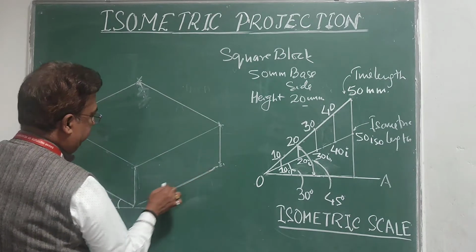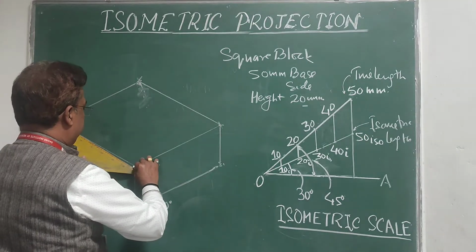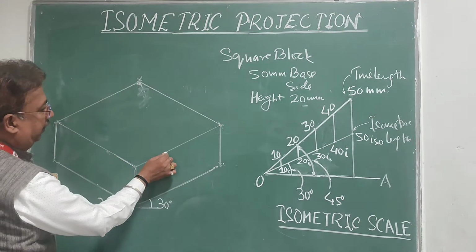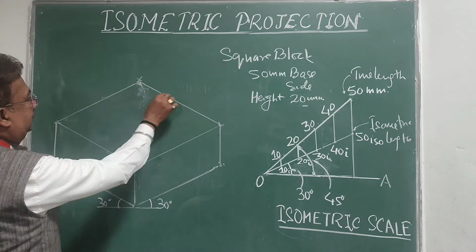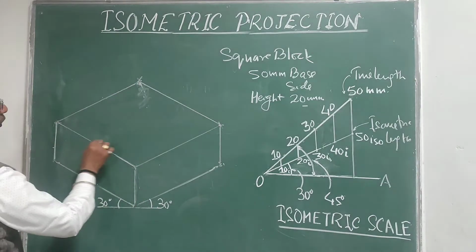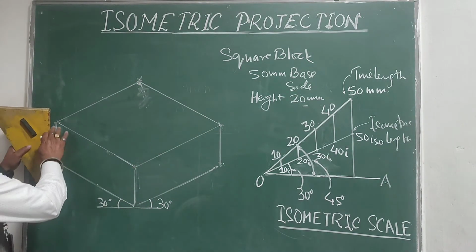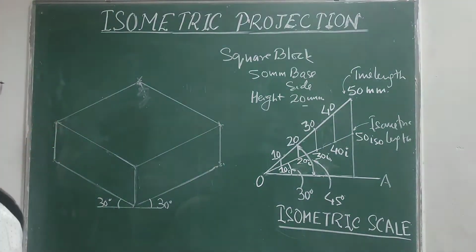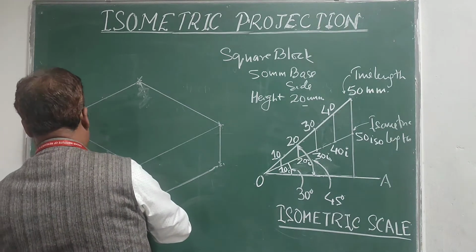Then I have plotted this length 50 mm, then height 20 mm, and in the same process I have drawn this line parallel to this, and this line parallel to this, and these two lines parallel to these vertical lines. Now this is almost done. That will be a square block. If I darken the shape, then this is the final.